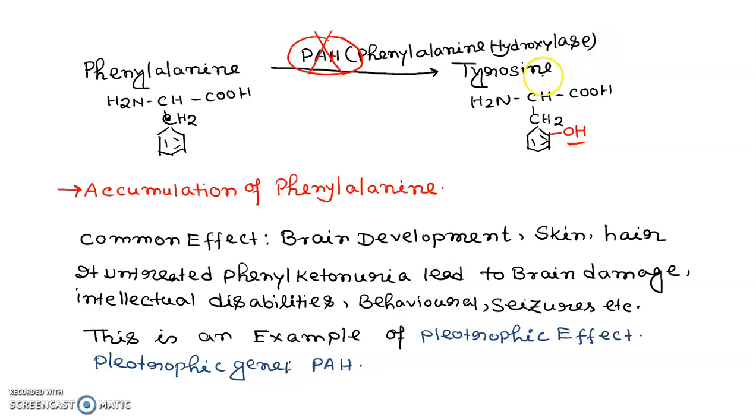So this is how it affects tyrosine, which has multiple effects. Tyrosine is used in multiple pathways.